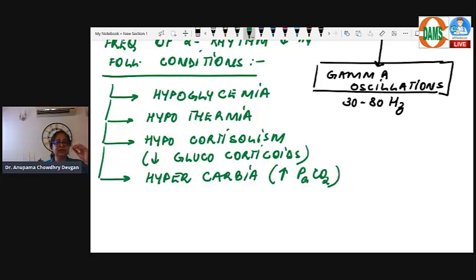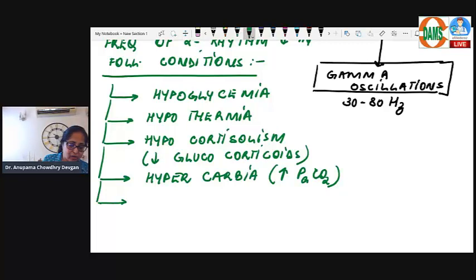Please remember, these are the conditions which will cause a decrease in frequency of alpha rhythm. Here is your patient who is lying down, at rest, awake, eyes closed, mind wandering. But instead of getting an 8 to 12 hertz activity, you are getting a lower frequency activity. What are the conditions? Hypoglycemia, hypothermia, hypocortisolism, and also hypercarbia.